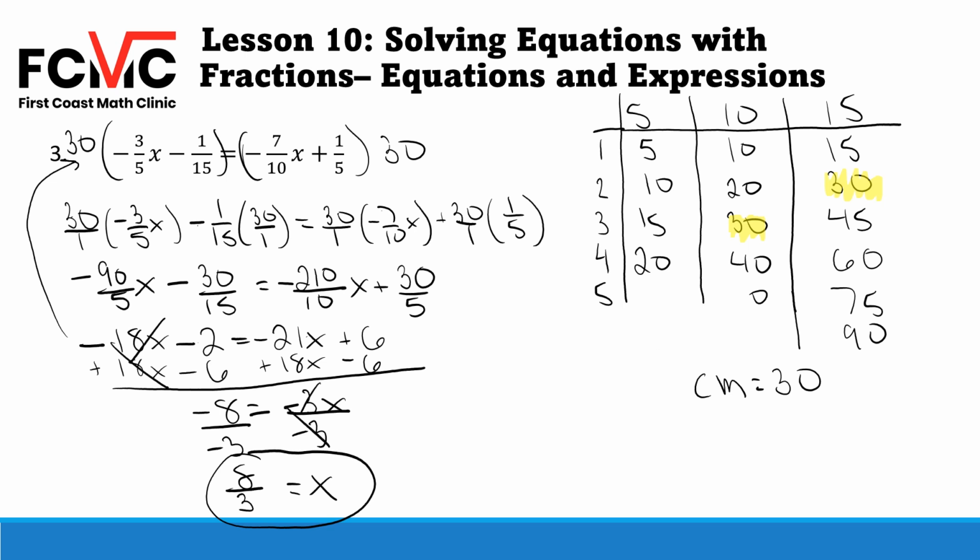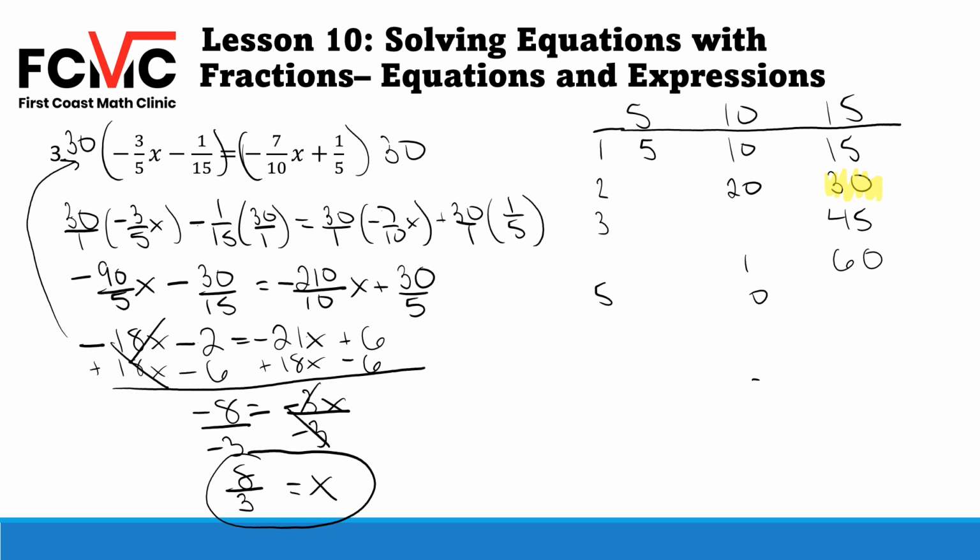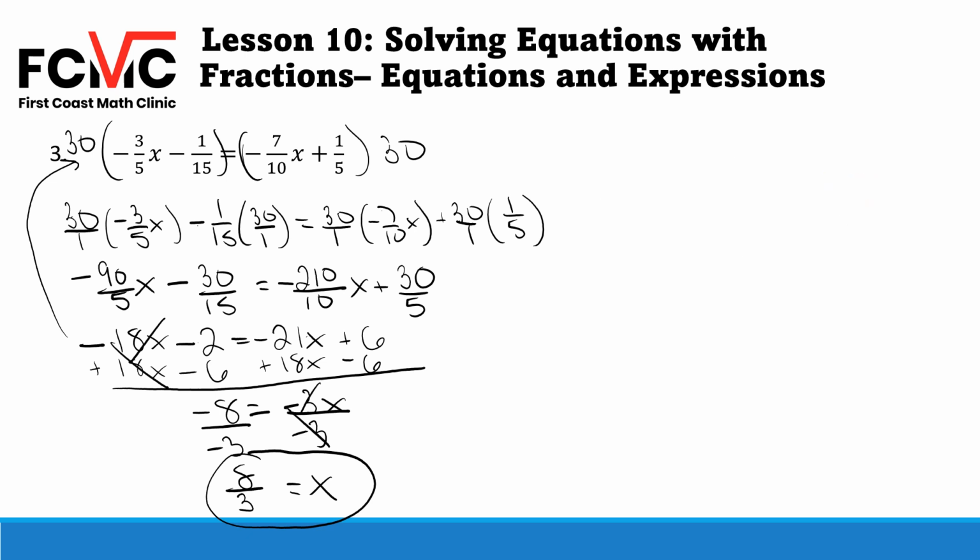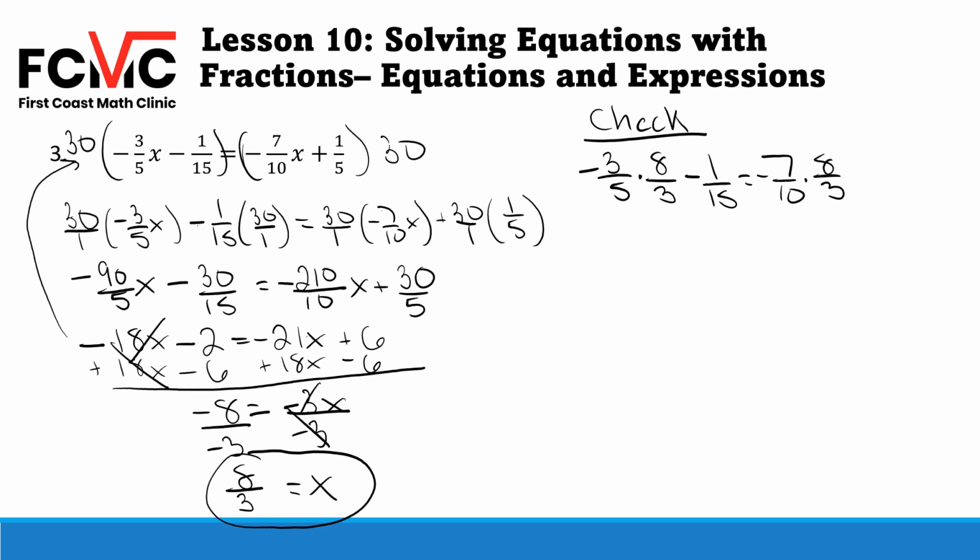Let's check this. I'm going to erase this here and do our check. So taking our original equation, negative 3/5, substitute in our 8 over 3, minus 1/15 equals negative 7/10 times 8 over 3 plus 1/5.